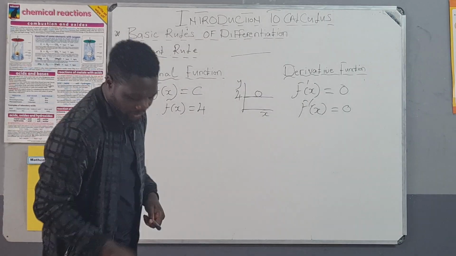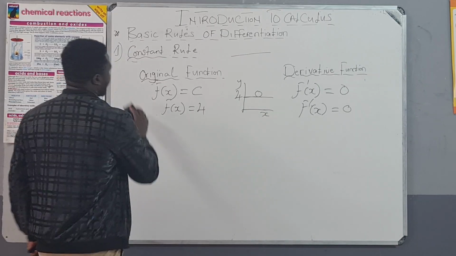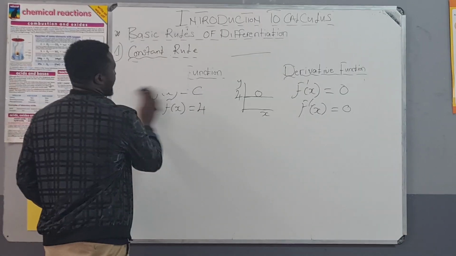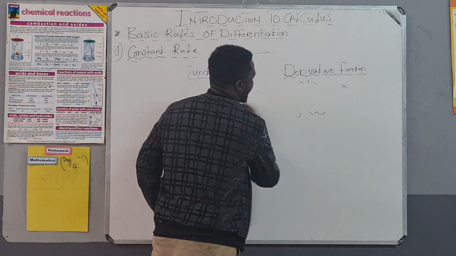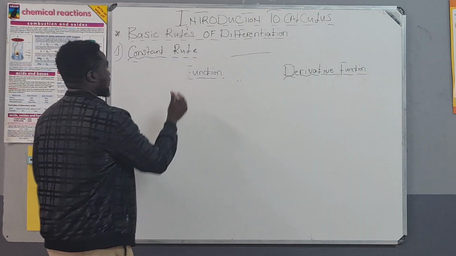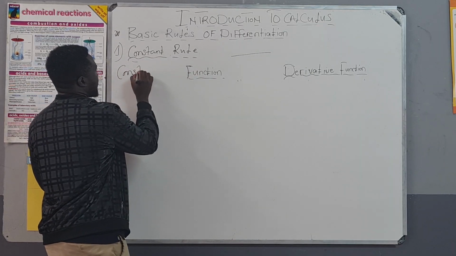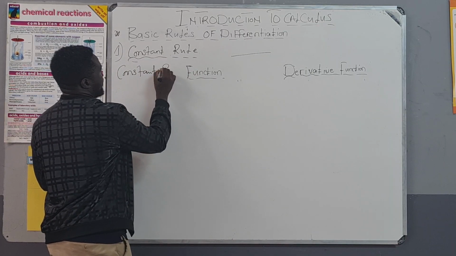That is the constant rule. Now, let's look at the constant power rule.